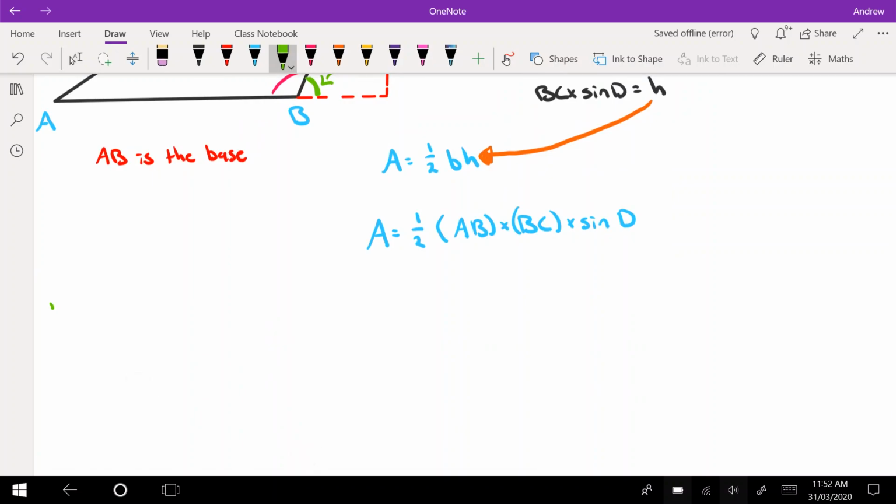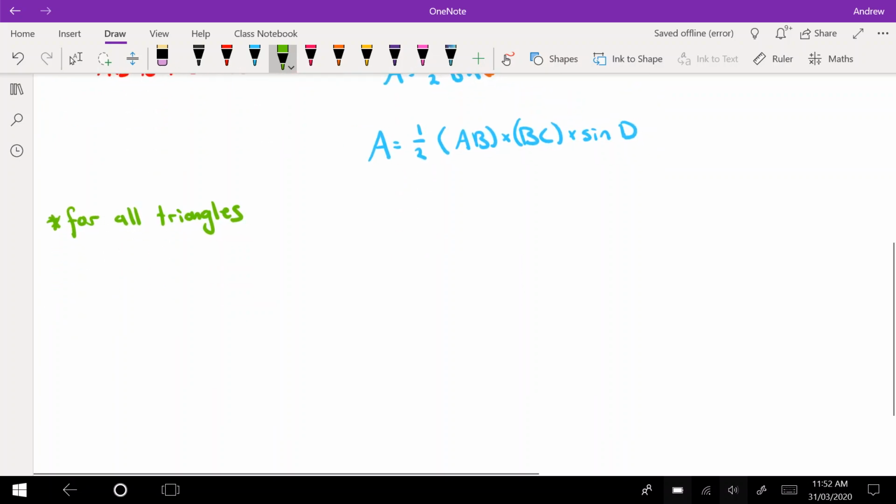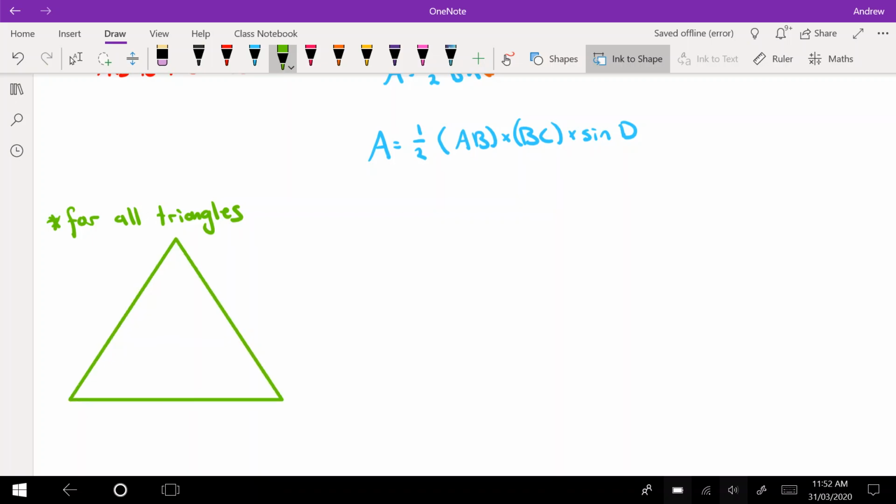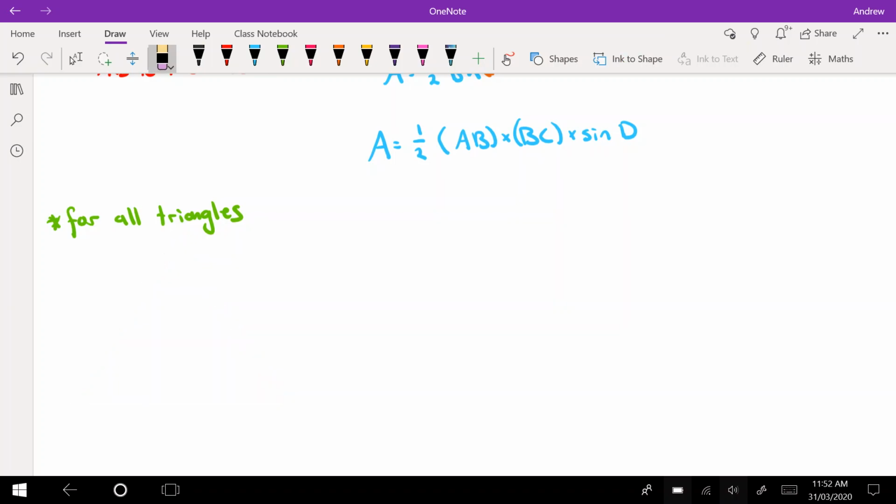So, for all triangles. Okay, and now let's just draw a rough triangle here. Actually, that looks a bit too equilateral for my liking, and I don't want it to look like that. So let's try again. That's a bit better.